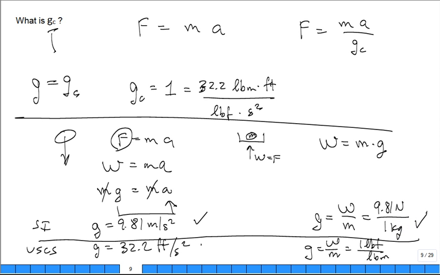This is real convenient for acceleration. This is real convenient in weight. This one looks really, really easy. Almost too easy. You mean G is 1 pound force per 1 pound mass? It doesn't make sense. Does it?